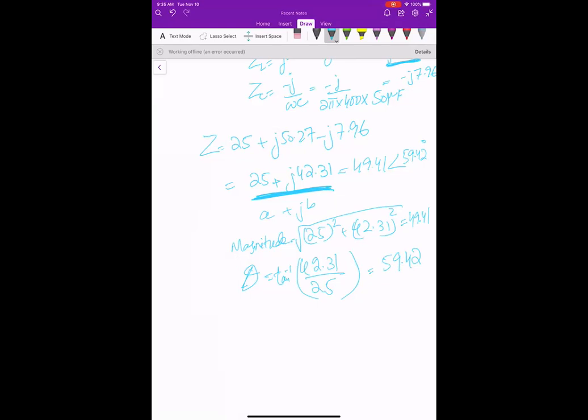Yeah, that makes sense. So at frequency F equals 60 hertz, the reactance was capacitive, or X was less than 0.